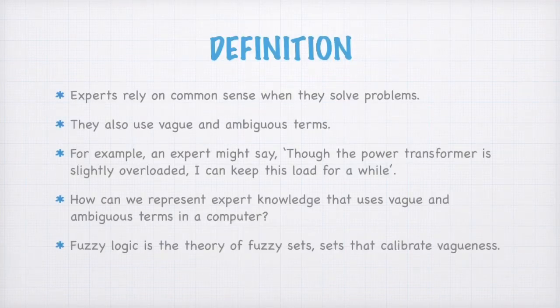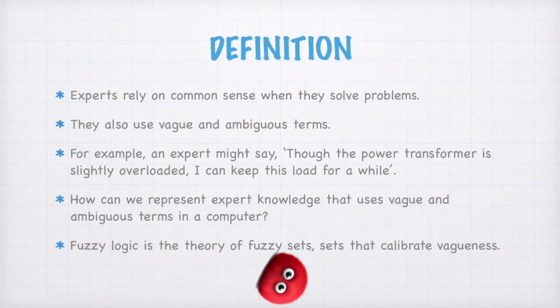To define fuzzy logic, let's see how we use common sense when we solve problems. Experts usually use vague and ambiguous terms in solving problems. For example, an expert might say, "Though the power transformer is slightly overloaded, I can keep this load for a while."